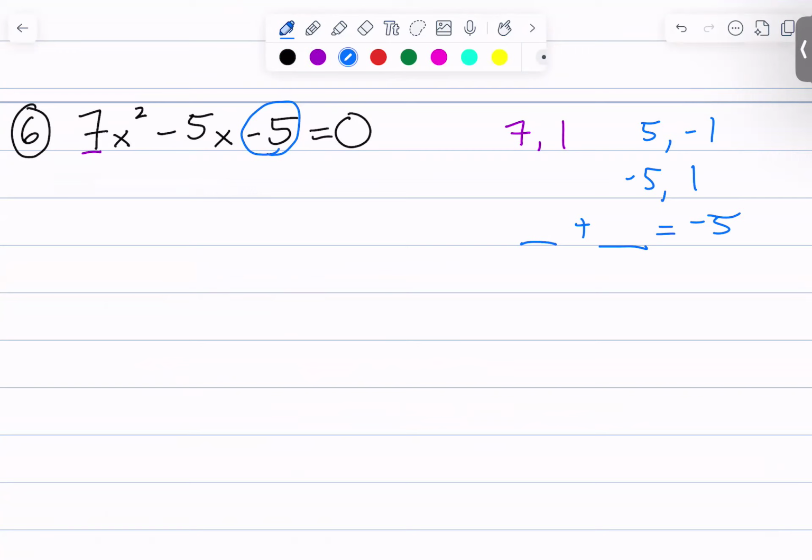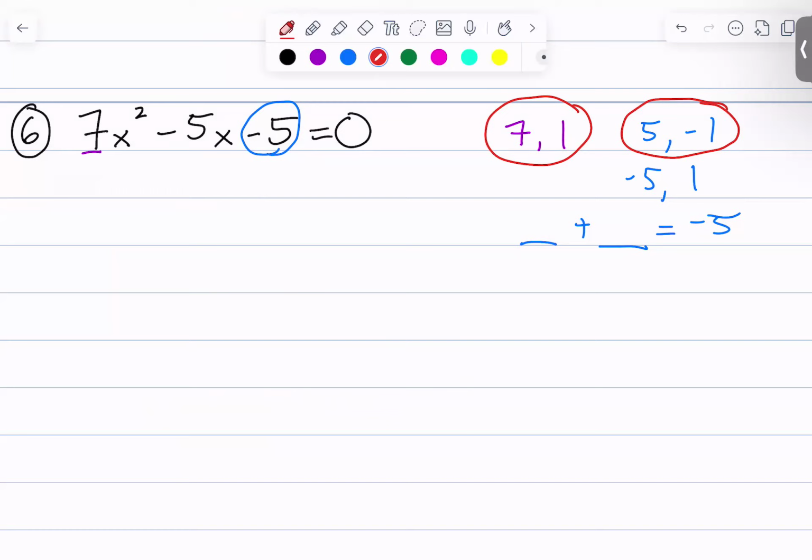Let's do this quick. 7 times 5, that's already too big, right? That's 35. And I only have a 1 times negative 1 left over, so I only have a 1 or a negative 1, right? If I have 35 minus 1, negative 5 plus 1, that's not going to ever add up to negative 5, right?